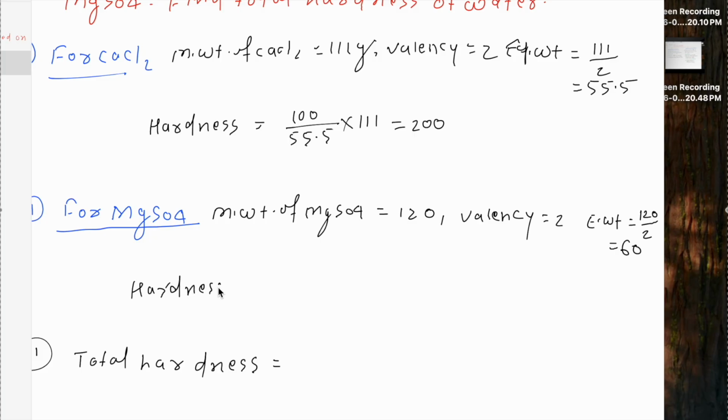Hardness is equal to 100 upon the equivalent weight 60, into 120, which is equal to 200. So now the total hardness: here 200 and the initial 200, so the total is 400 ppm.